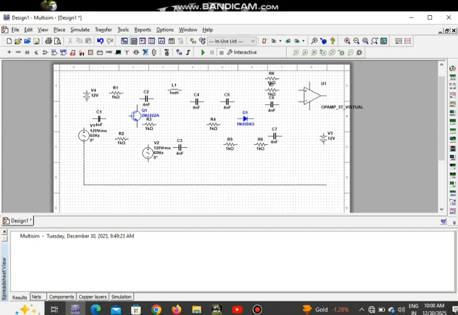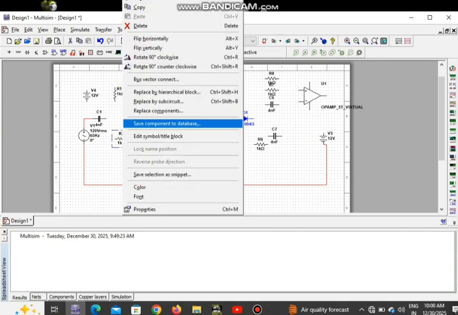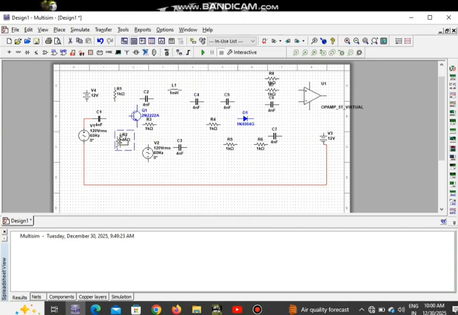Then voltage source ground. DC is ground, minus to minus. Positive to capacitor C1 one end, rotate 90 degrees, align.